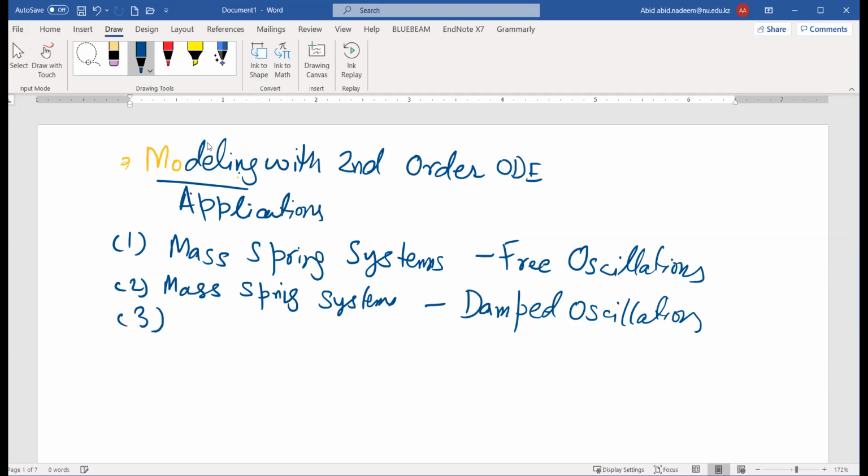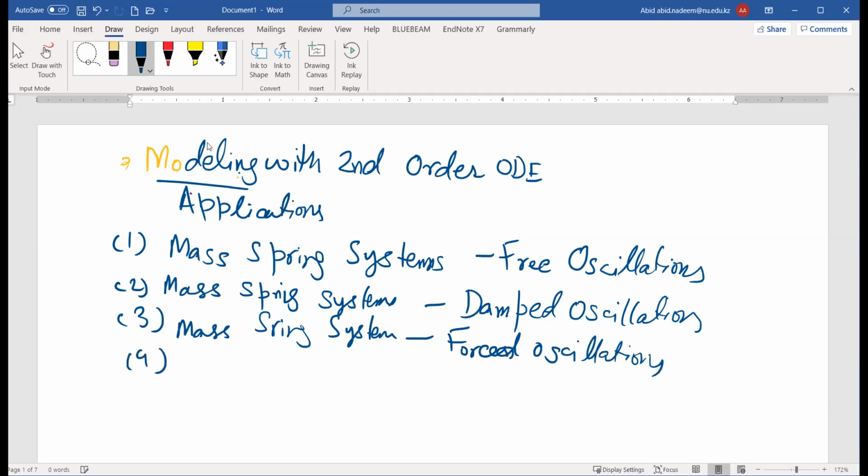And the third one was the mass spring system also, and this is the forced oscillations, okay? Forced with damped or free, whatever. And the fourth application was the RLC circuits, okay?